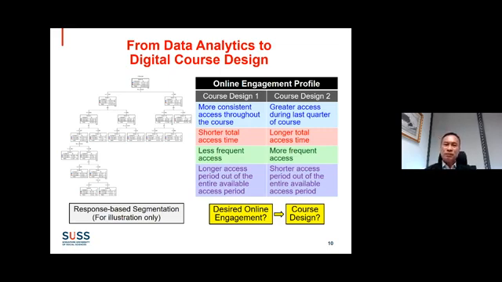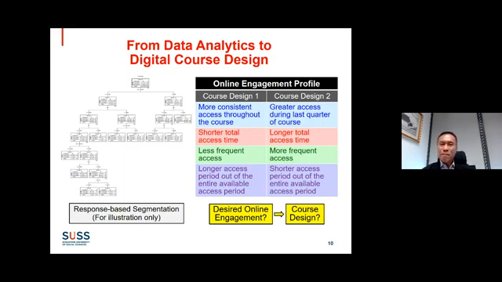For example, for students who took the marketing course under course design 1, they make more consistent online access throughout the course. Whereas for students in the full online course, the access online is not as consistent because there's a higher concentration of access in the last quarter of the course.